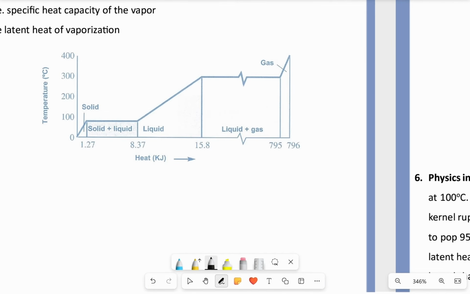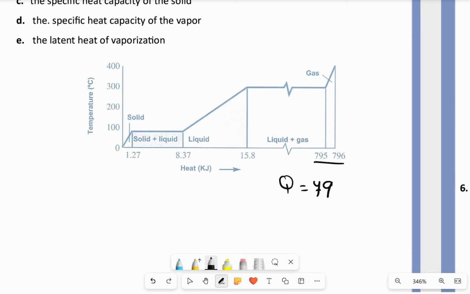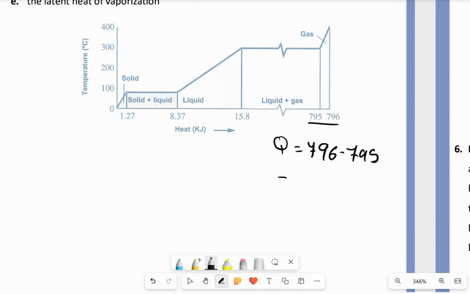For this one, Q is going to be 796 minus 795. This is going to be 1 kilojoule, which is 1000 joules.